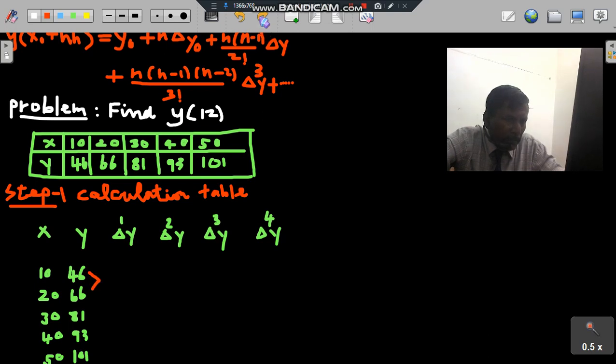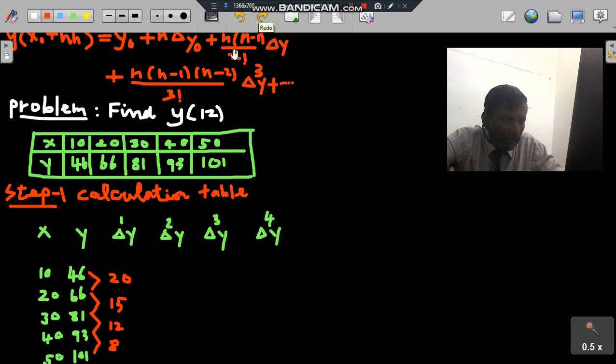The first difference is calculated like this: 66 minus 46, the value is 20. 81 minus 66, the value is 15. 93 minus 81, the value is 12. 101 minus 93 equals 8.